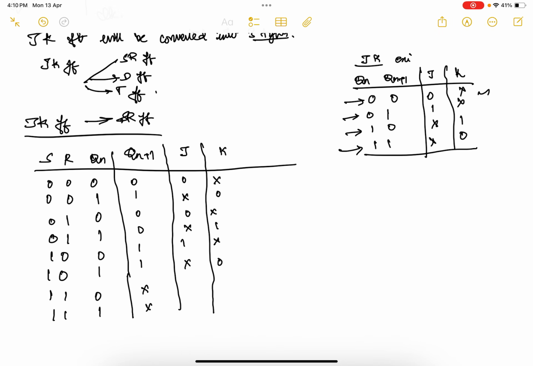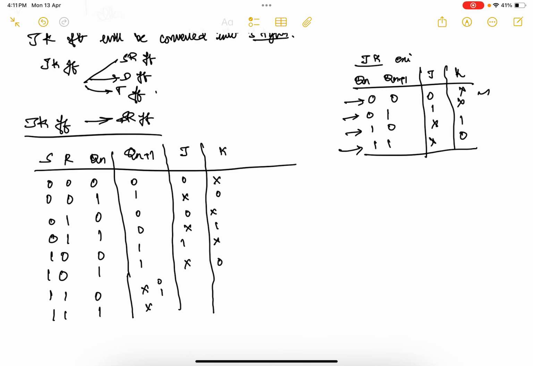So here if you see 0x, it is a don't care condition, so we are not going to bother about this. Because 0 1 or 0 0 is already there, if I take this as 0 or 1, you will have the output as 0x, and the same thing gets repeated.